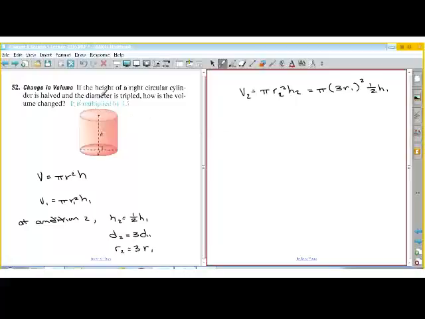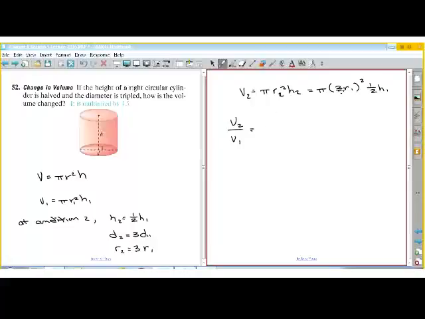What they're looking for is how much larger or smaller the volume is when you make these changes. So we take the ratio of the volumes. If that ratio is greater than 1, the volume is larger, and if it's less than 1, the volume is smaller.